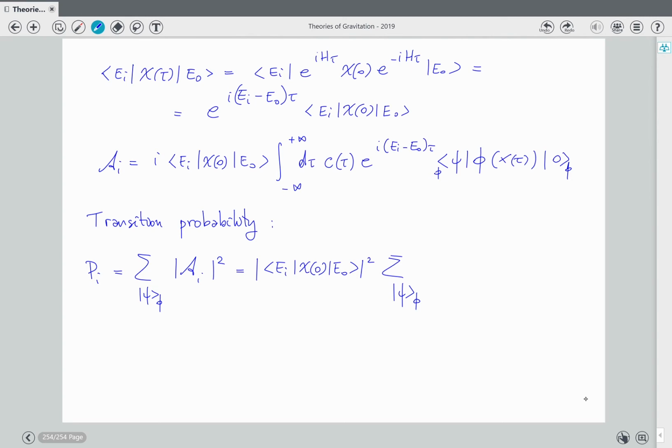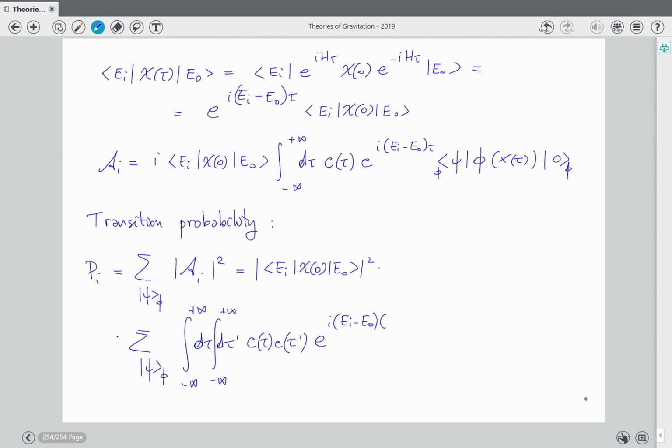So you have, maybe we can write it here. So you have two integrals with two functions. And then you will have this thing with its complex conjugate. E_I minus E_0 will therefore multiply tau minus tau prime.